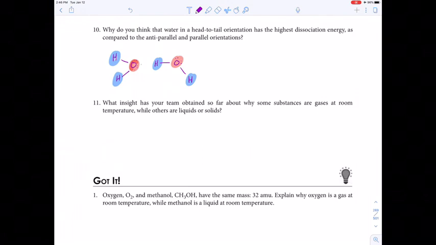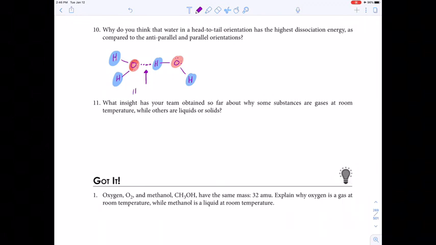So in the head-to-tail orientation, we can have this interaction right here between the very negative side and the more positive side of the water. And do you remember there's a special name for this type of interaction? A lone pair on an oxygen and a hydrogen bonded to an oxygen.